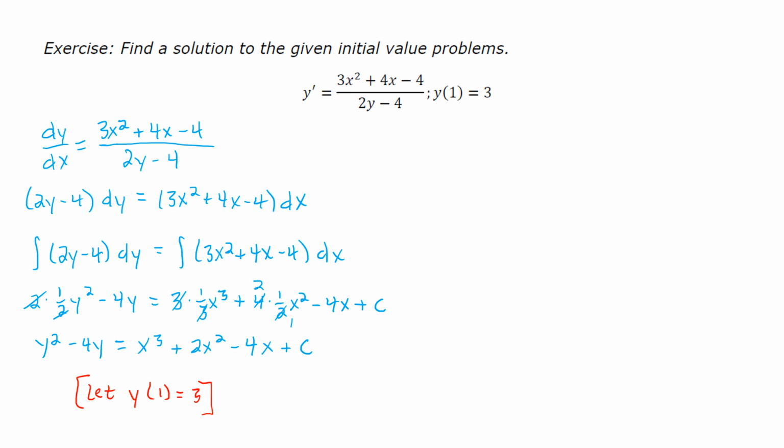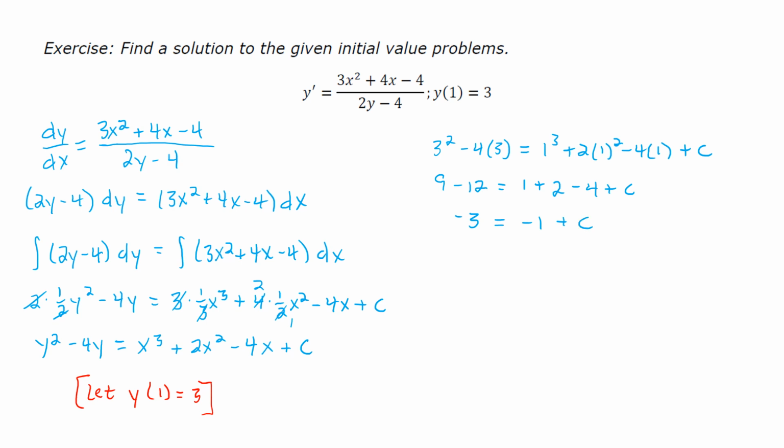So we'll have 3 squared minus 4 times 3 equals 1 cubed plus 2 times 1 squared minus 4 times 1 plus c. Okay? So that's 9 minus 12 equals 1 plus 2 minus 4 plus c. So negative 3 equals negative 1 plus c.